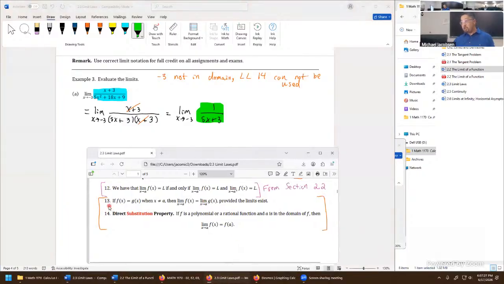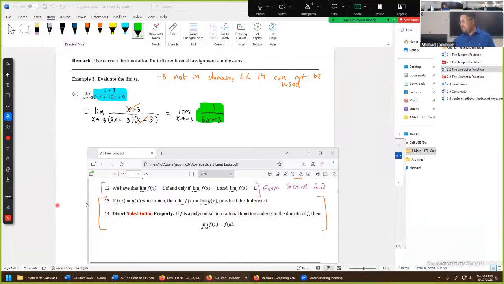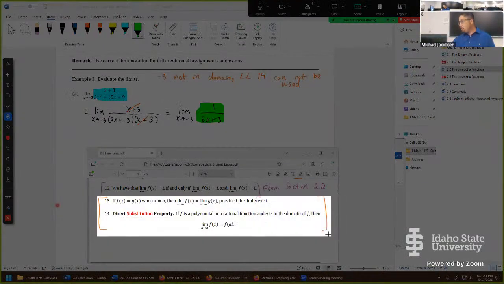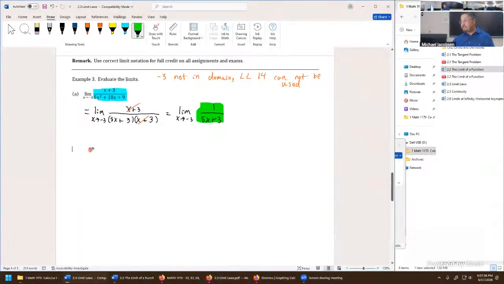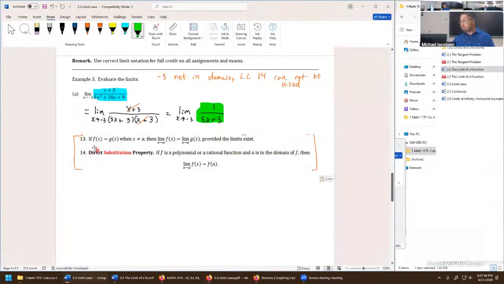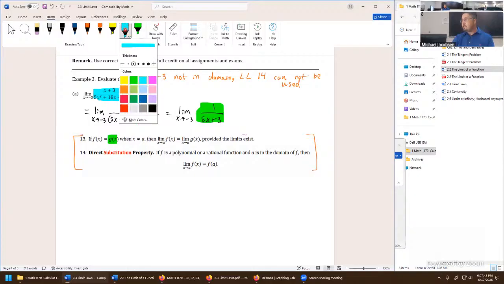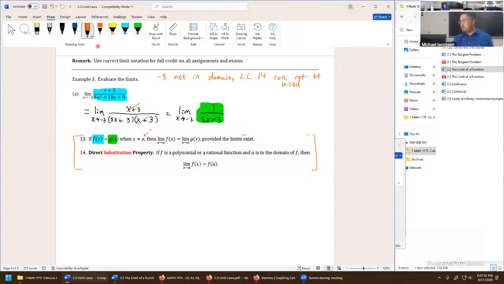But this is where limit law number 13 is tremendous for us. Let's just screenshot this in to kind of highlight its importance. This is one of our major tricks. We have two functions, an f of x and a g of x. They're equal when x is not equal to -3. But at -3, they're actually different. The one on the left is undefined.